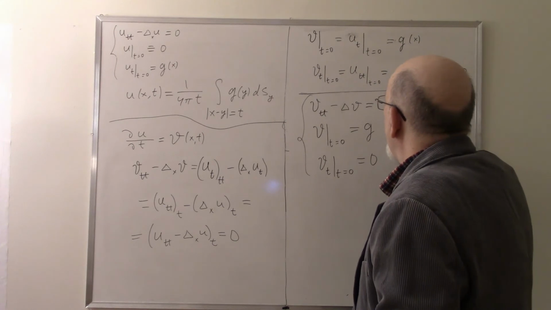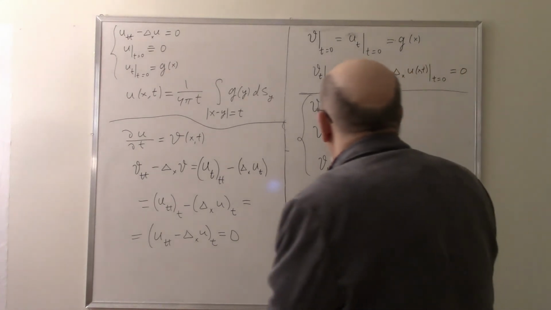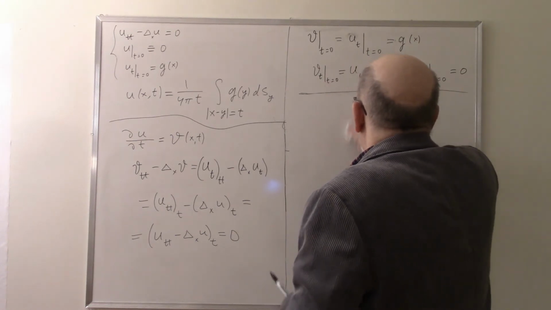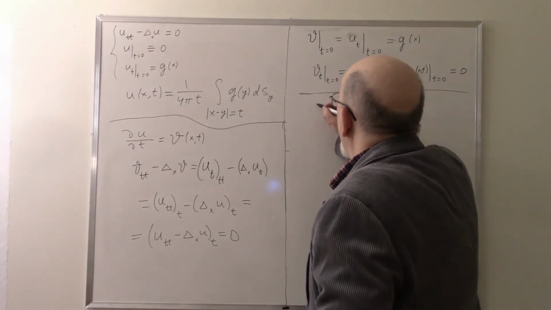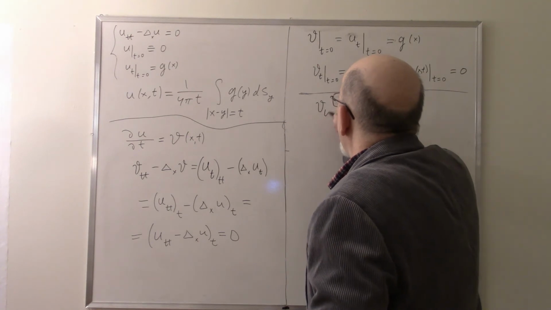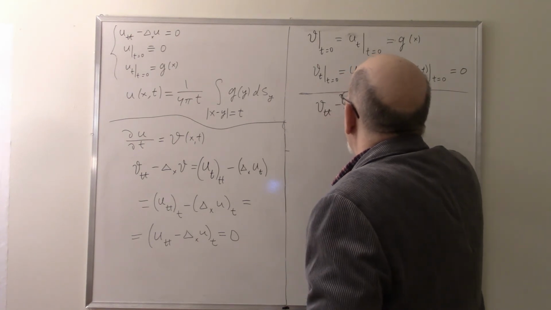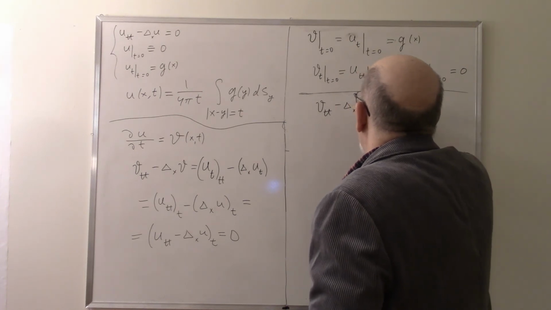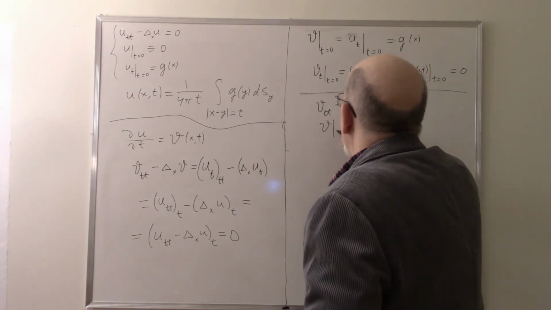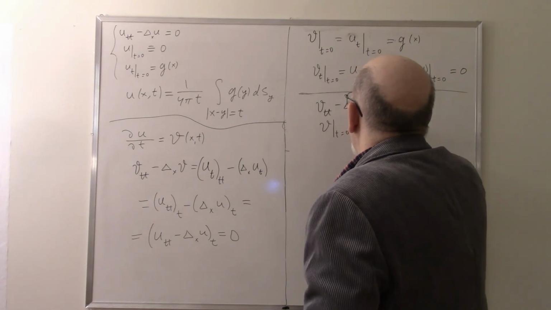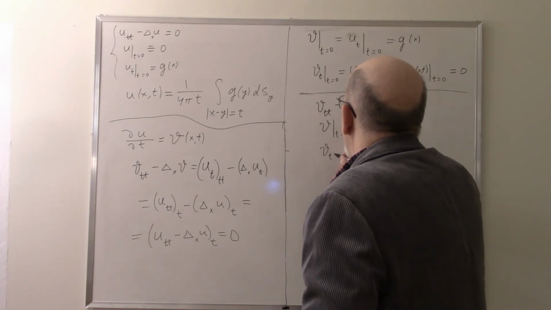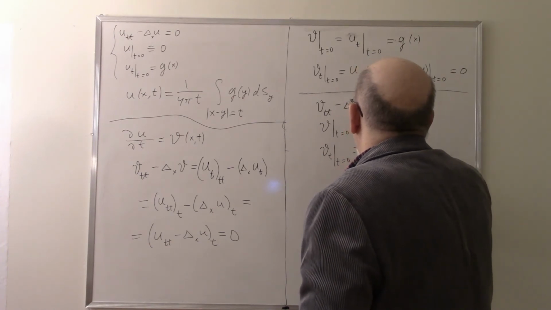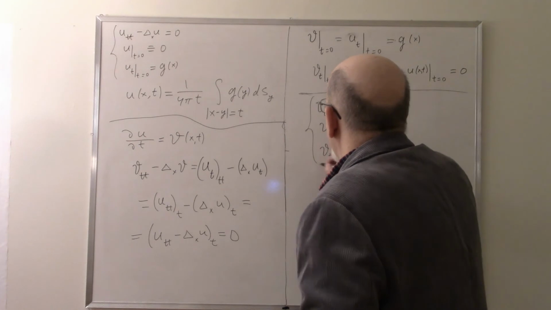So we first solve the initial value problem, v_tt minus Laplacian x of v equals 0, v for t equals 0 equals 0, v_t for t equals 0 equals f of x. It's the first thing.